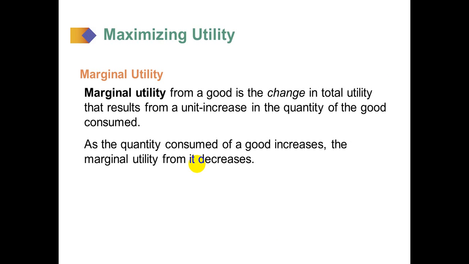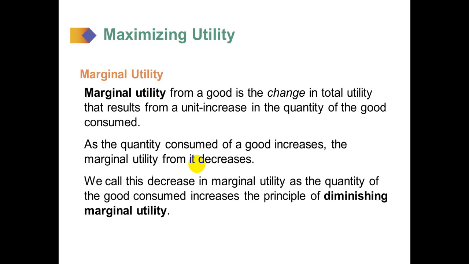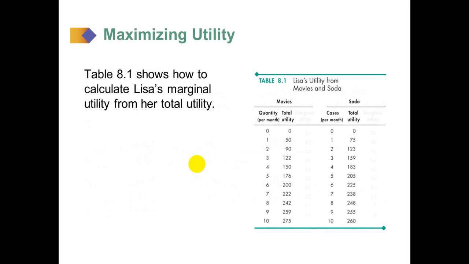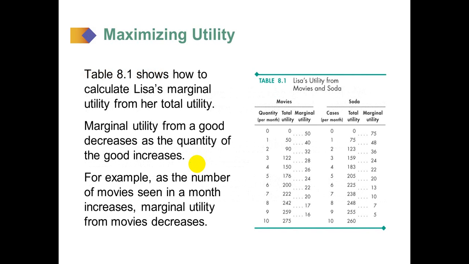So marginal utility decreases as the consumer consumes more units of the good or service. We call this decrease in marginal utility, as the quantity of the good consumed increases, the principle of diminishing marginal utility.